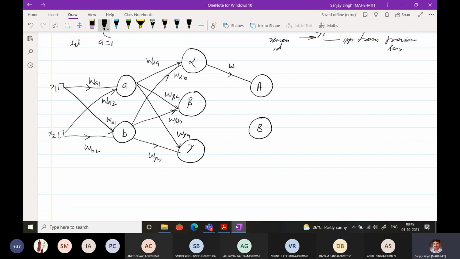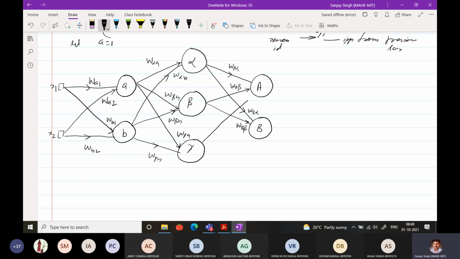So it is W A alpha, and this will be W B alpha. This will be W A beta, this will be W B beta.